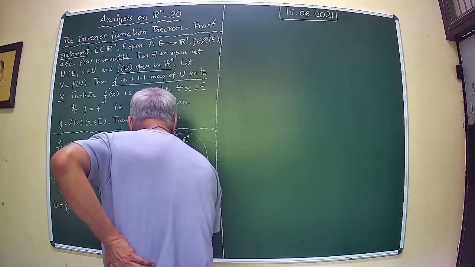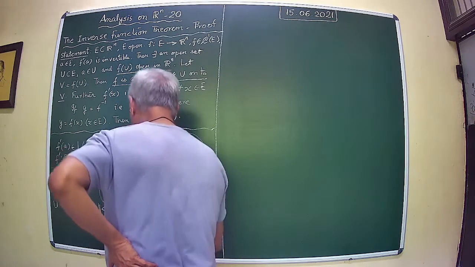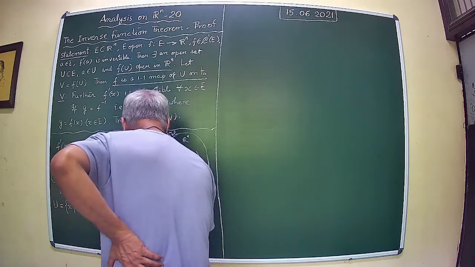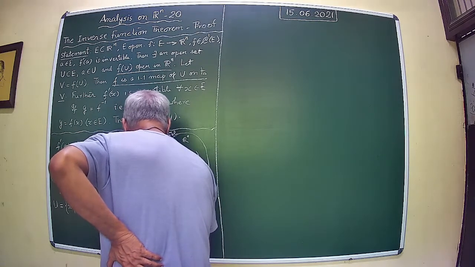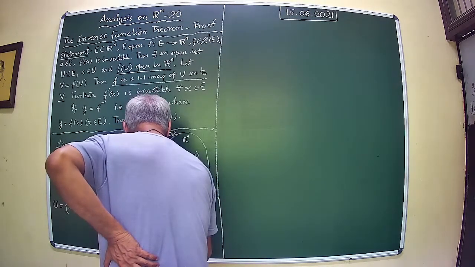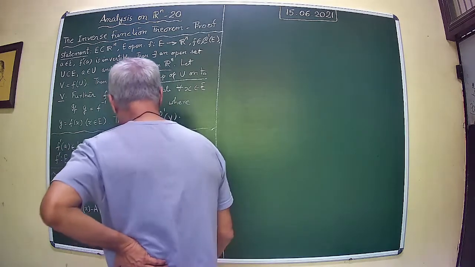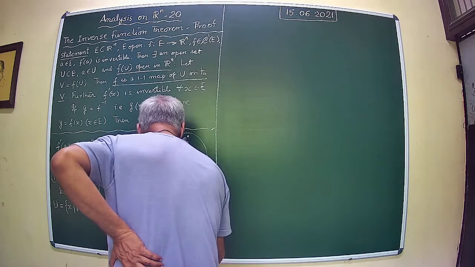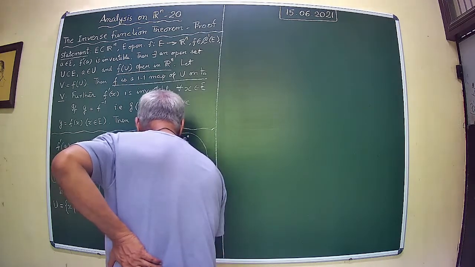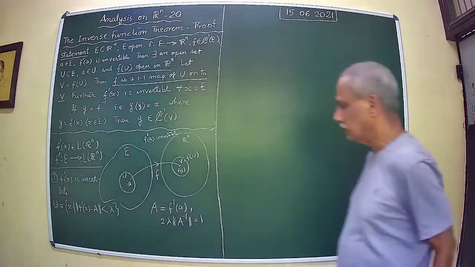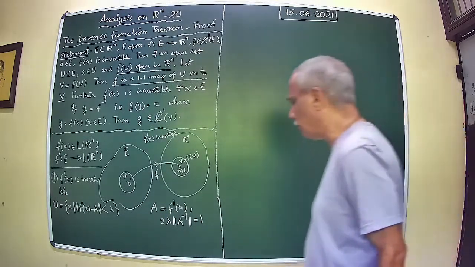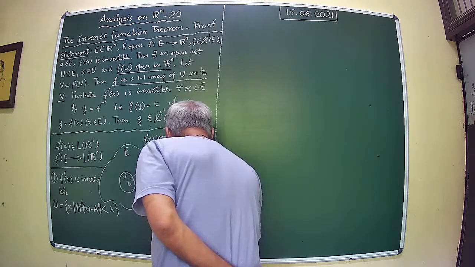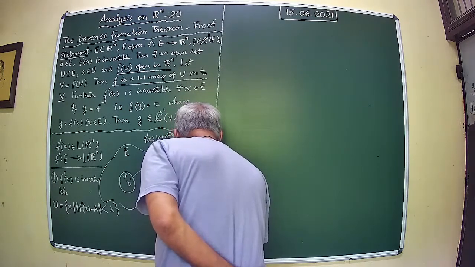A denotes F derivative of a. Second point is that 2 lambda times the norm of A inverse, because A is invertible, is equal to 1. This is how lambda is fixed. That is a choice that we have made. Or the norm of A inverse equals 1 over 2 lambda.